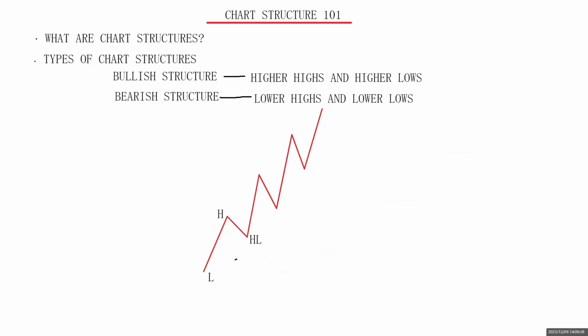This is the higher high because it's higher than the previous high. This is the higher low again, this is the higher high, this is the higher low, and this is the higher high.